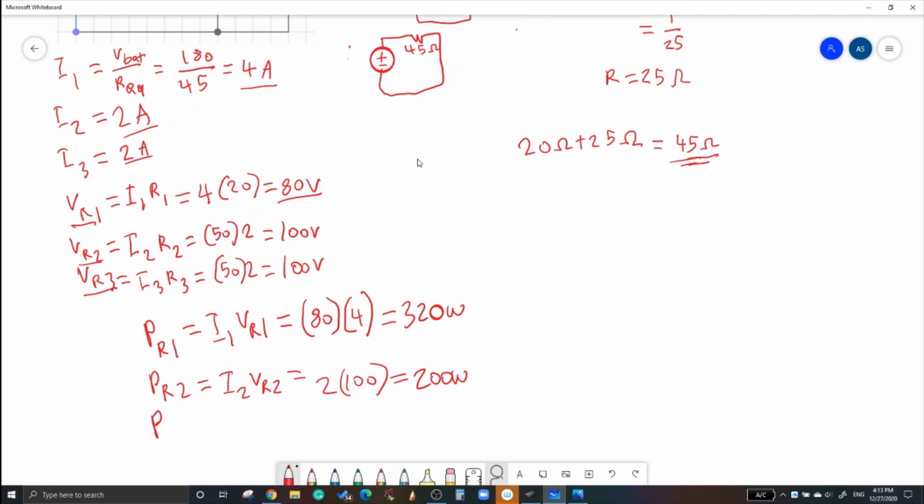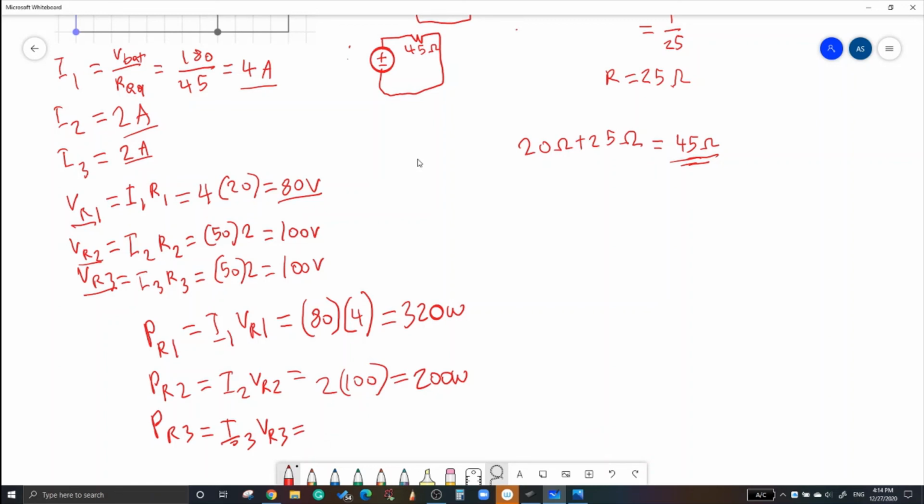Now for PR3, it's the same steps again. It'll be I3 times VR3. One second, for VR3, okay, so let me read it again.